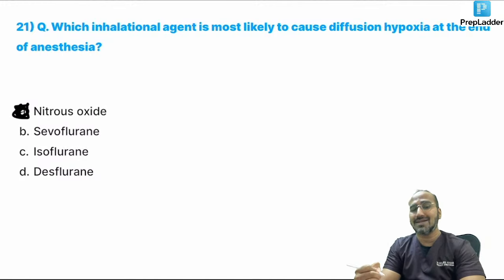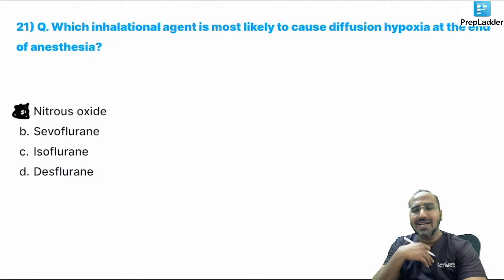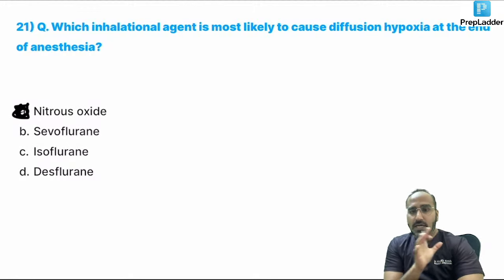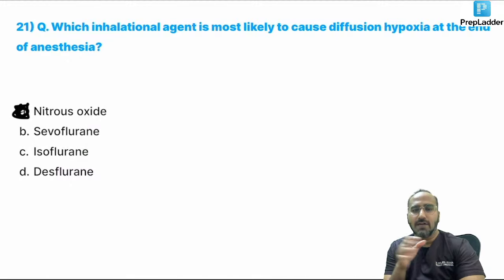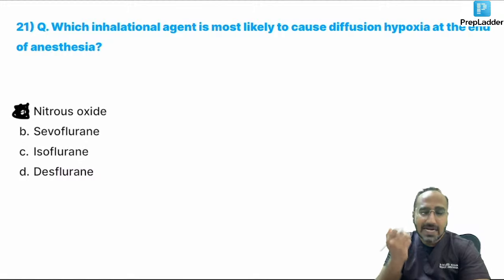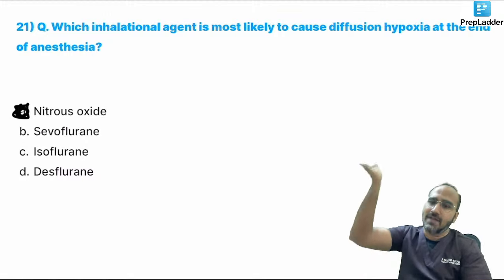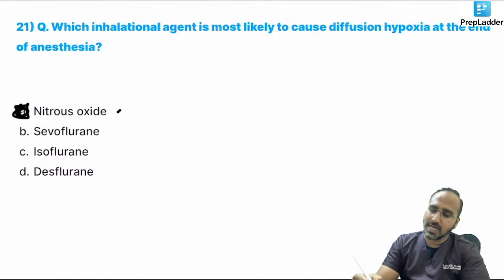Why with nitrous oxide? Remember, nitrous basically goes into the alveoli, displaces the oxygen outside, takes much place. If you are cutting down nitrous, it has already displaced oxygen. So what will happen? The patient will develop hypoxia. So what are we doing, guys? At the end of surgery, before cutting nitrous, I will increase the oxygen rate, then cut nitrous. Okay? That is called diffusion hypoxia.